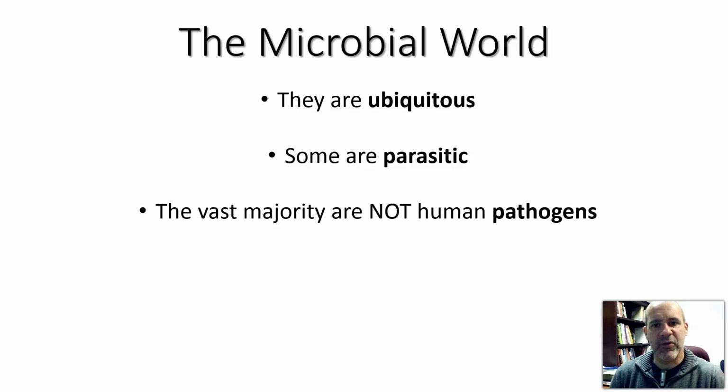Many of them are beneficial. So those are not the types of organisms that we would call parasites. It's the ones that can actually harm us and make us sick. Those we would refer to as parasitic or parasites. So again, the vast majority are not human pathogens. Pathogen is a word that you should know. A pathogen is an organism that can cause disease.